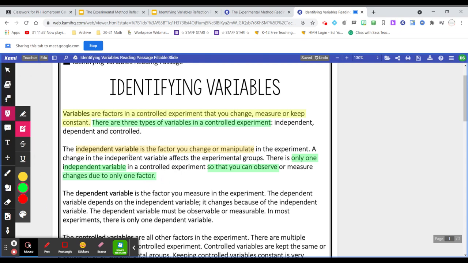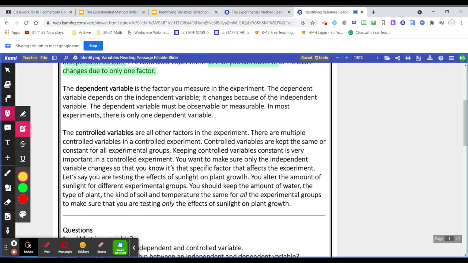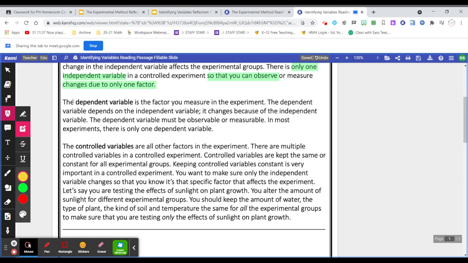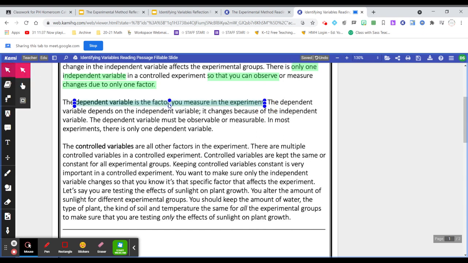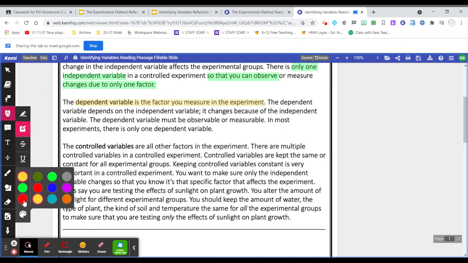Okay. Now let's look at the dependent variable. The dependent variable is the factor you measure in the experiment. So the dependent variable depends on the independent variable. What does it depend on?